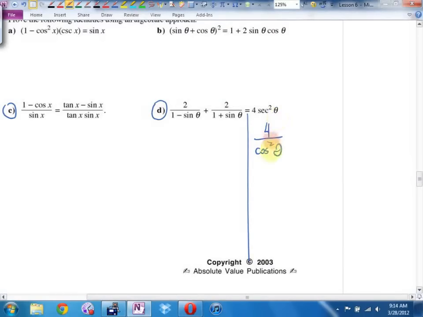How many fractions do I have here? Maybe rewrite it as a common denominator, 1 fraction. Now, what's my common denominator going to be? Well, believe it or not, it's going to be 1 minus sine theta, 1 plus sine theta.